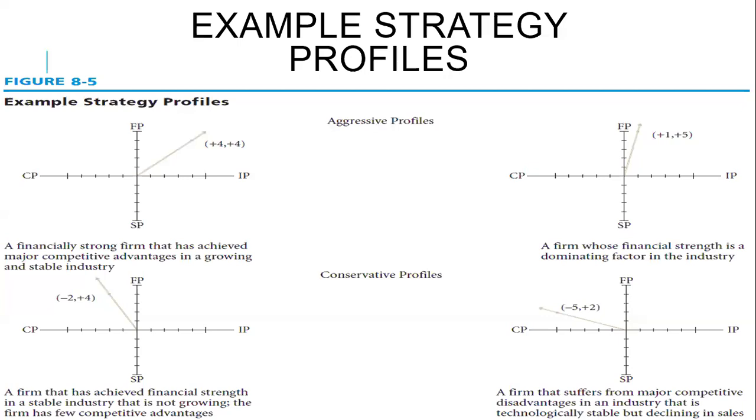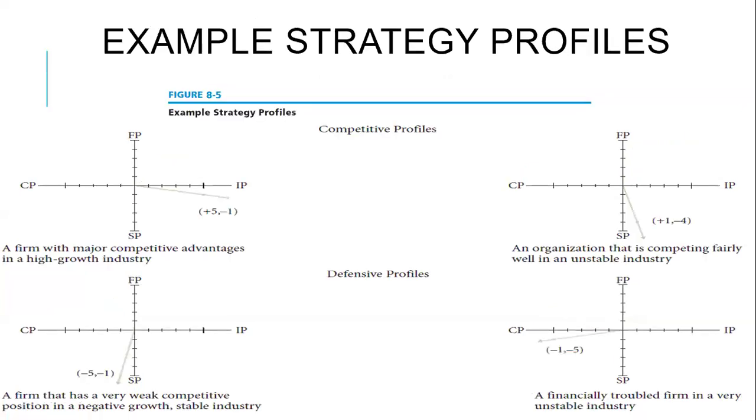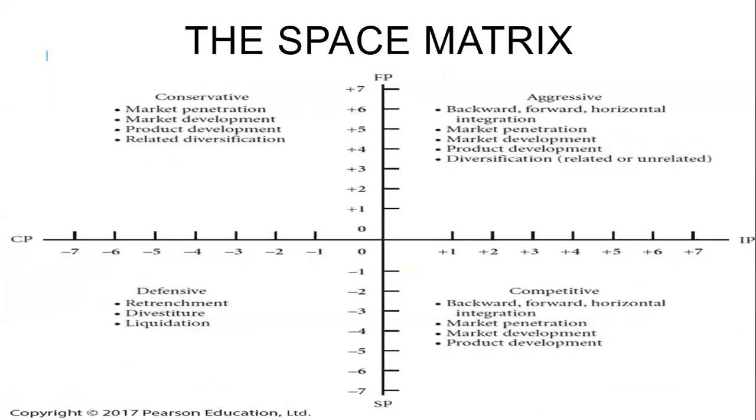And what are some of these specific strategies? When we say you are pursuing a conservative strategy, some of the options include market penetration, market development, product development, and related diversification, which we all learned last week.